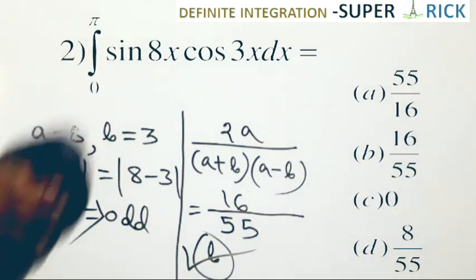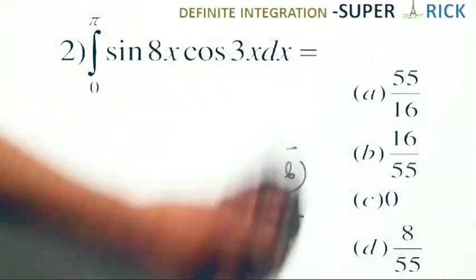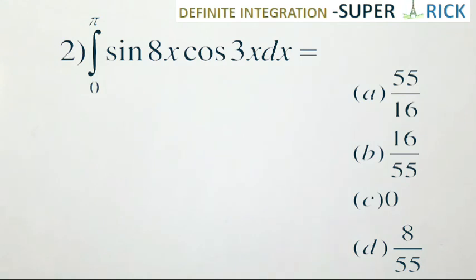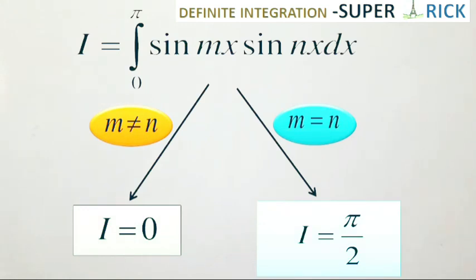So very simple. Now going to the next trick, trick 2. What is trick 2? Here it is. If I is equal to the integration from 0 to pi of sin mx into sin nx dx, then we have to check whether m is equal to n or not.